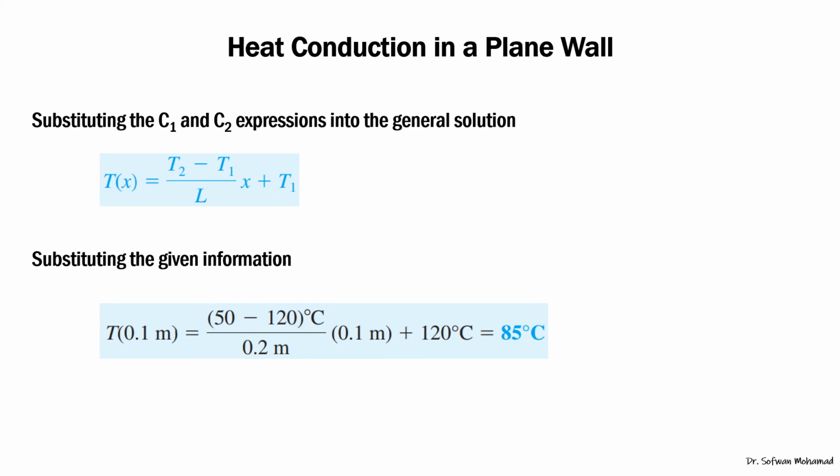So T at 0.1 meter equals (50 minus 120) degrees C over 0.2 multiplied by 0.1 meter plus 120 degrees C. We get the temperature at 0.1 meter equal to 85 degrees C.